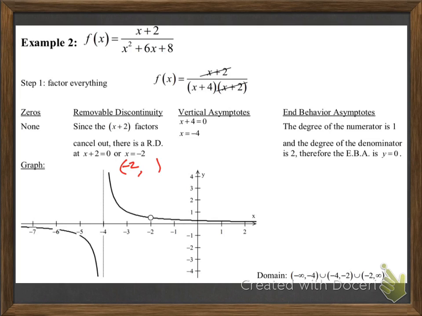Now the reduced fraction is 1 over x plus 4. So if I plug -2 back in right here, that's going to give us 1 over 2 for the y value. And so you can see at -2 comma 1/2, that is where we have this open circle, which is called a hole, or the mathematical term is the removable discontinuity.